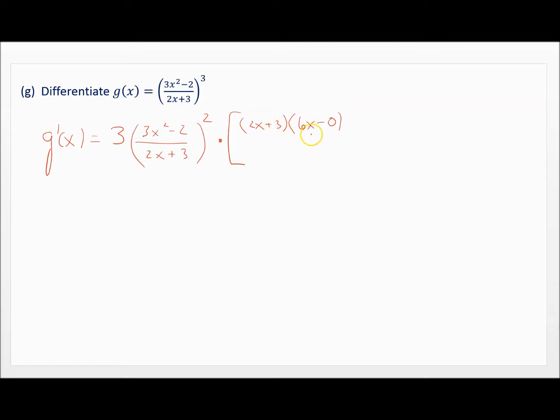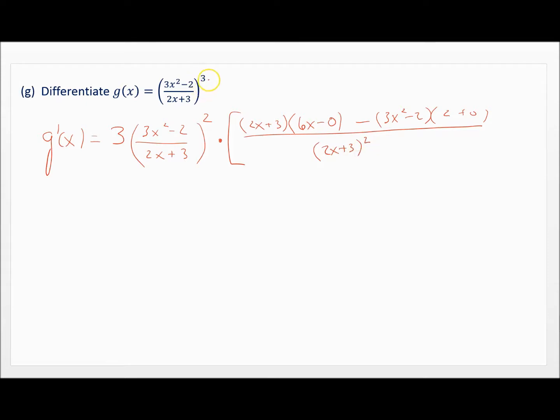So again, low d high minus high, which is 3x squared minus 2, d low. So what's the derivative of the denominator? For 2x, it's just 2, and then the derivative of 3 is 0, over, don't forget, the denominator squared, so (2x plus 3) squared.